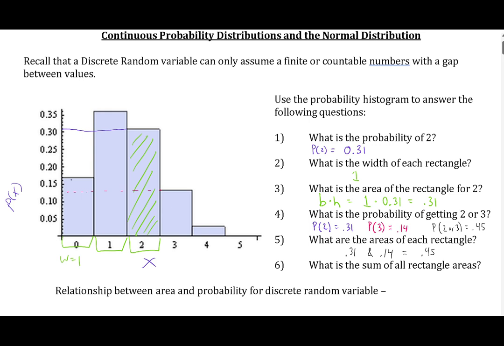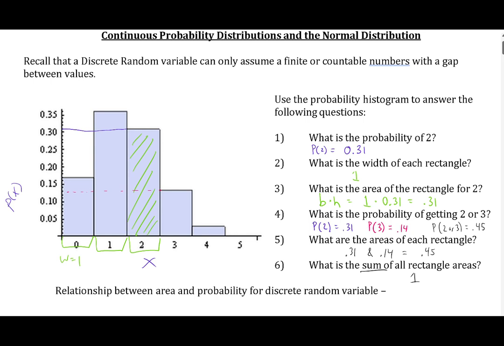So if we were to add up all of these probabilities together, 0.17 plus 0.36 plus 0.31 plus 0.14 plus about 0.02, 0.03, the sum of all of these rectangles should be 1, which is the same thing as the probability. The sum of all the probabilities for a discrete random variable would be 1 as well.